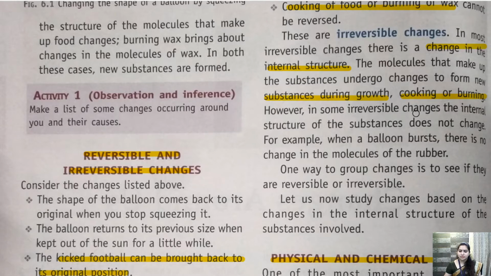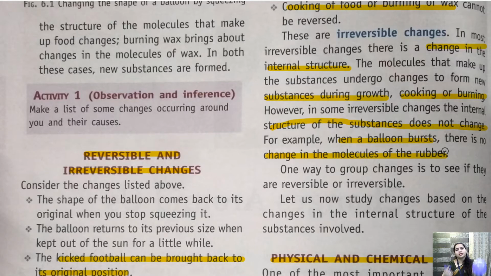However, in some irreversible changes, the internal structure of the substance does not change. For example, when a balloon bursts, there is no change in the molecule of the rubber. When I burst this balloon, it will not convert into paper or plastic or something like that.